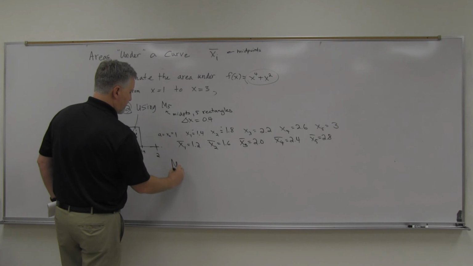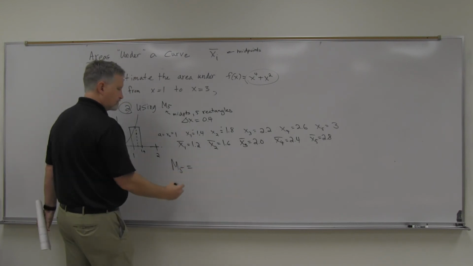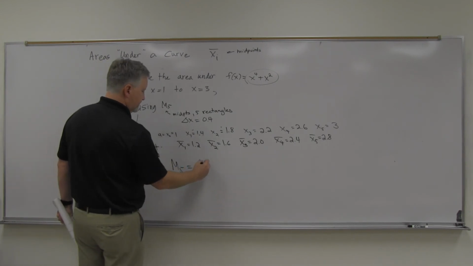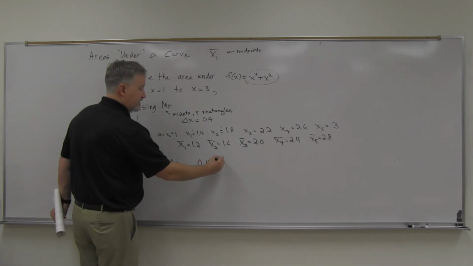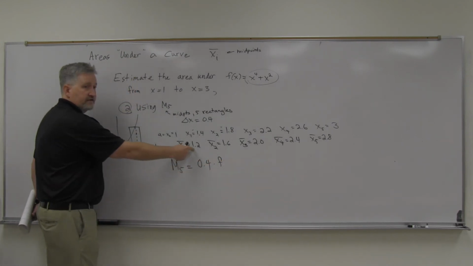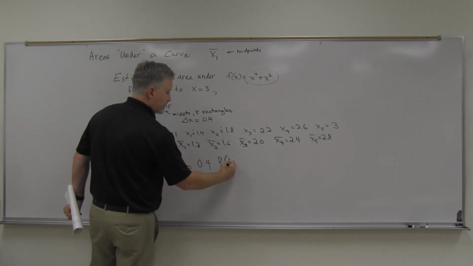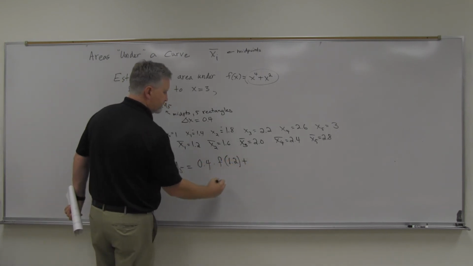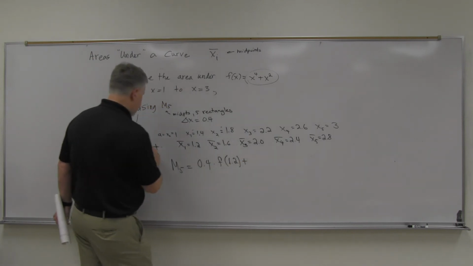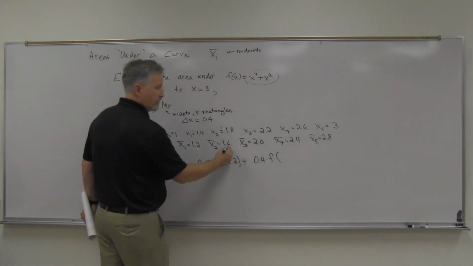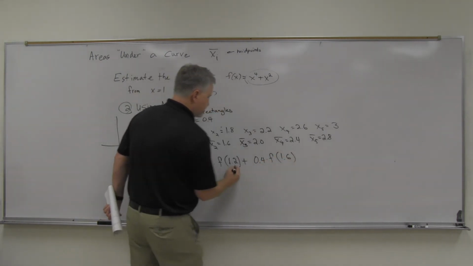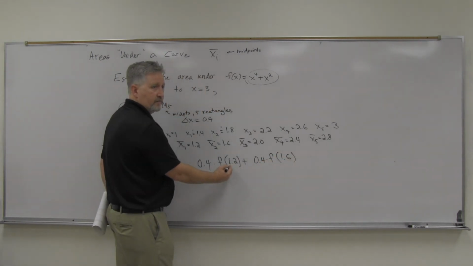So M5 is going to be 0.4, still delta x. It's still 0.4 times, but the height is going to be whatever the function value is at 1.2, you see. And then the second one is still 0.4 times, but the height is going to be the function value at 1.6. So I've changed where I compute my function.